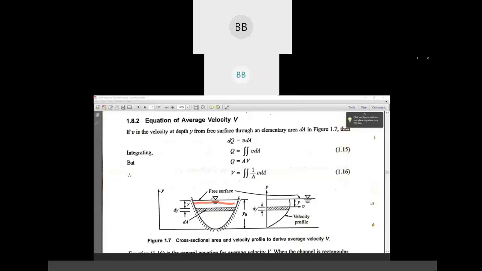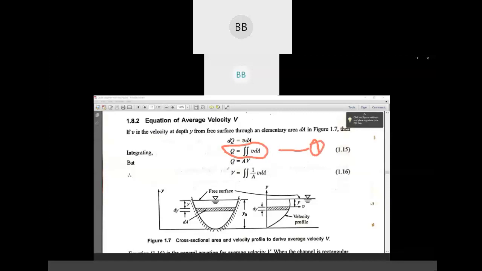If you find out the discharge of each elementary area and add all of them, your ultimate result will give you the discharge for that particular cross sectional area. So if you take summation or integration, it will give you the discharge for the whole cross sectional area, like how you calculated previously. Consider this as equation 1.